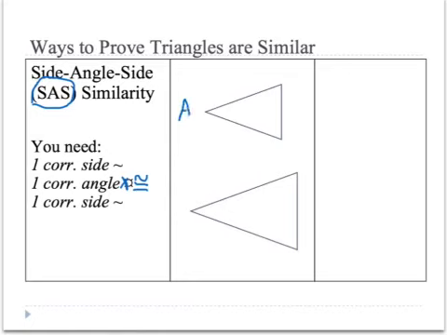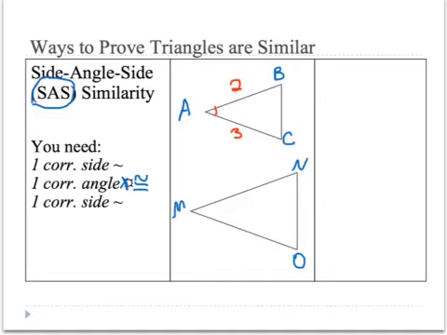I'm going to have A, B, C, and then I'm going to say M, N, and O. All right. The length from A to B is going to be 2 units, and the length from A to C is going to be 3 units.